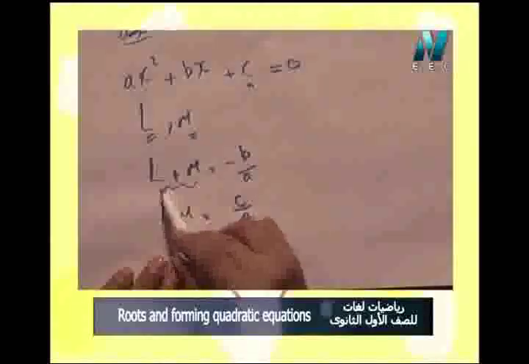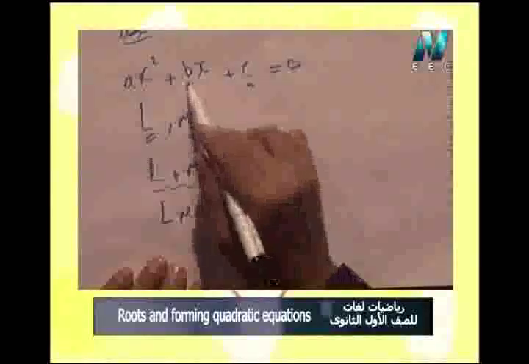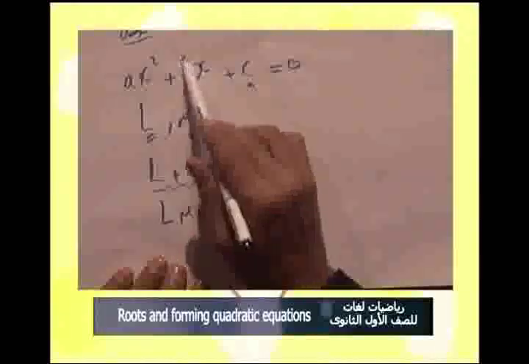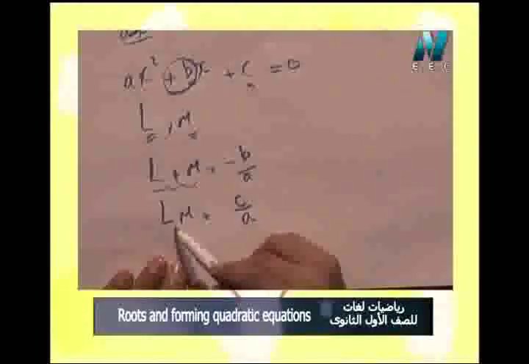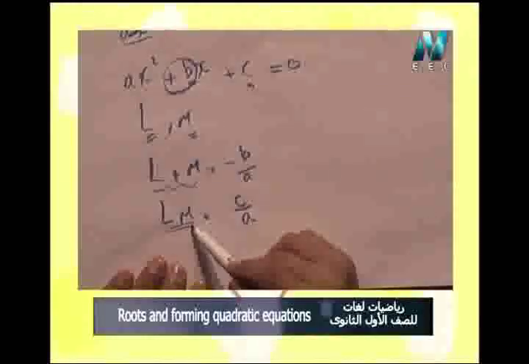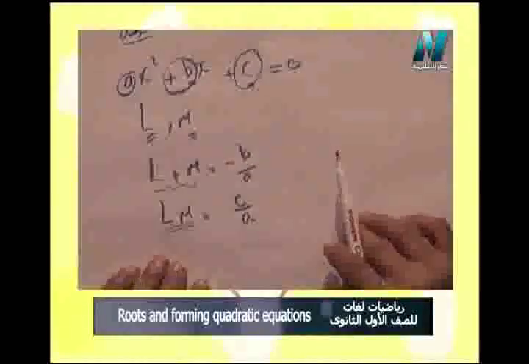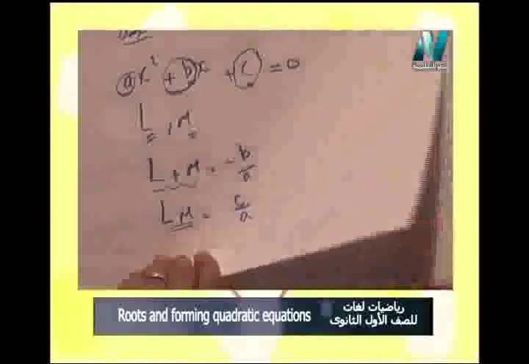So the sum of the two roots equals negative B over A, we have to reverse the sign, and the product of the two roots equals C over A. Okay, we have kept that.